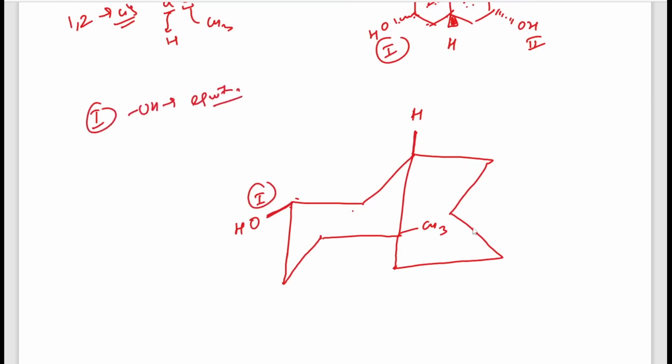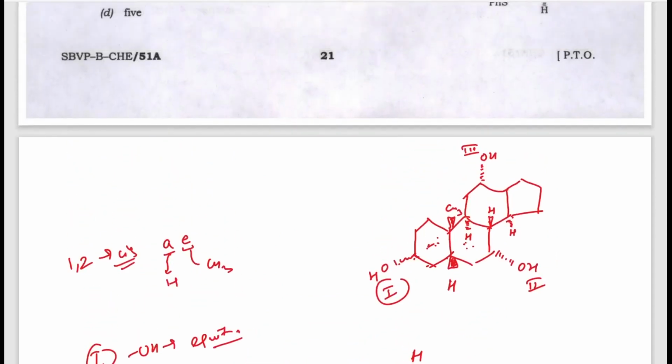Okay, now we will deal with the second hydroxyl group, with this hydroxyl group. Corresponding to this hydrogen that is above the plane, this hydroxyl and hydrogen both should be trans to each other, and again in 1,3 trans position, one group should be at axial and other should be at equatorial.